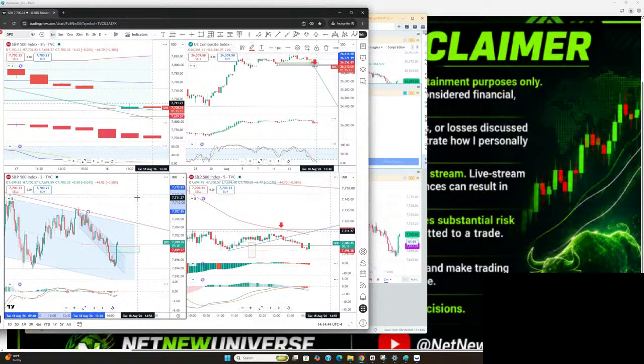There's a higher chance this would actually go towards the gap area. But I don't want to take the trade just because it's up on the channel. See how strong it is. This is where the big guys make a lot of money.